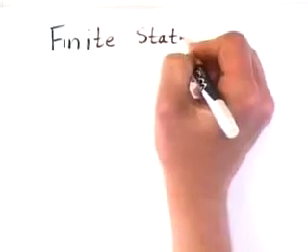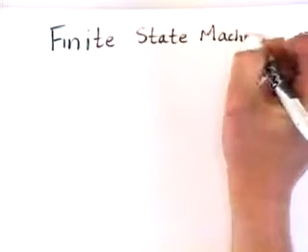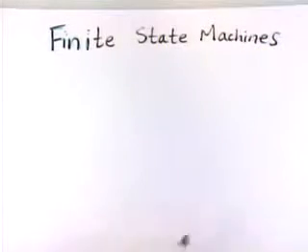Okay, so first we need a definition, right? What's a finite state machine? So a finite state machine is a picture with circles and lines, just like a graph.